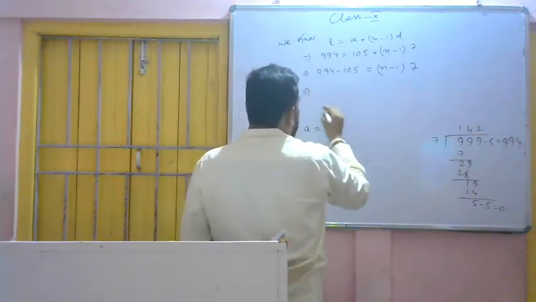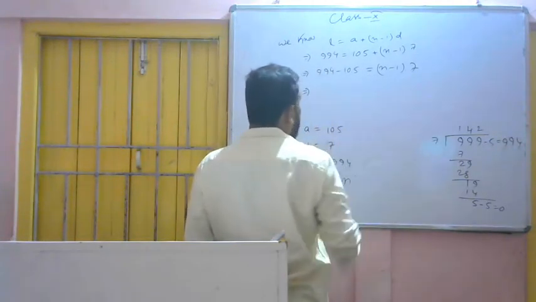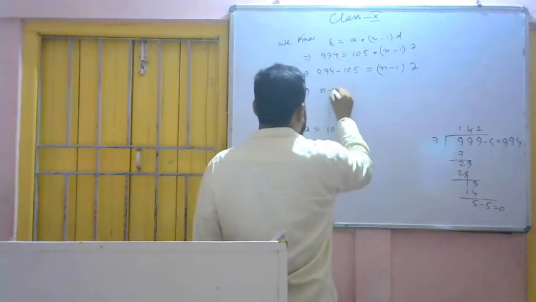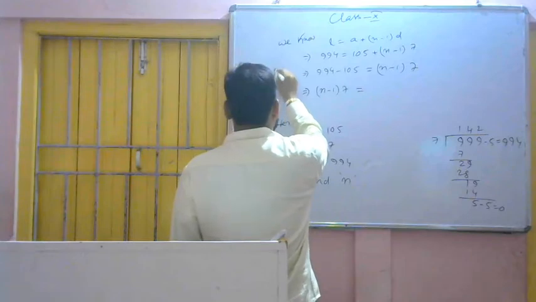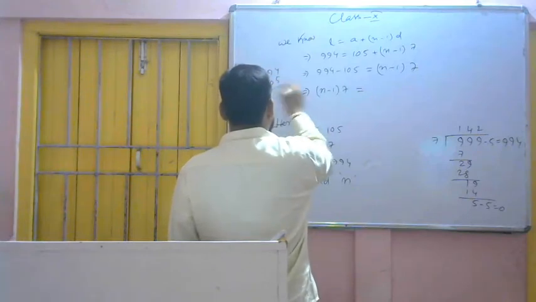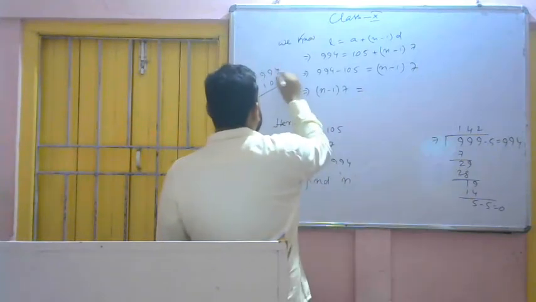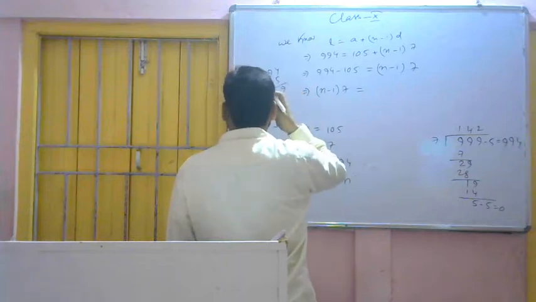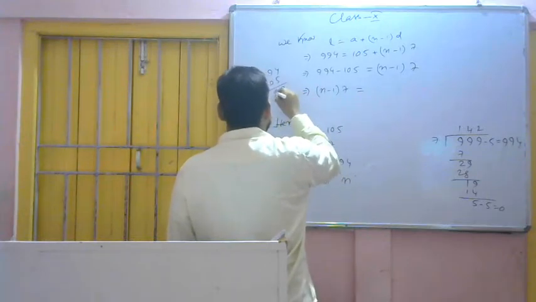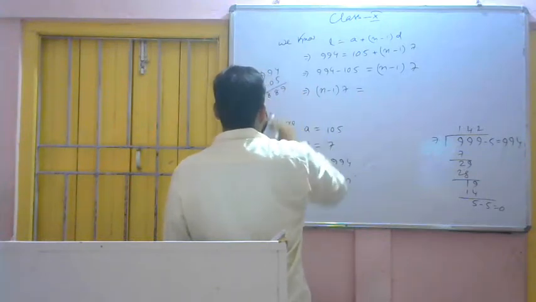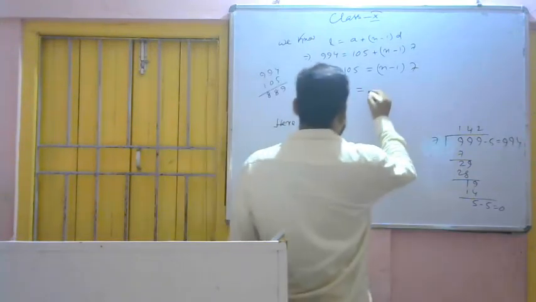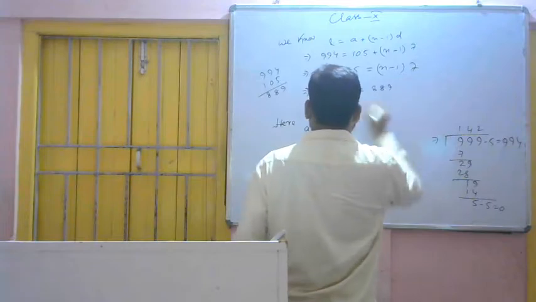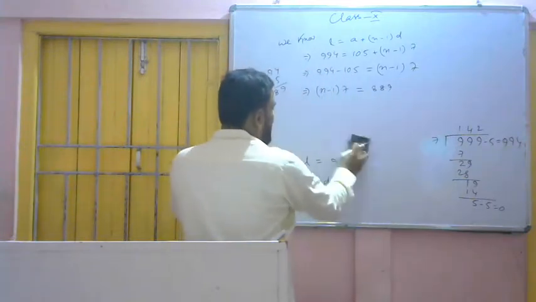If we subtract, then (n minus 1) into 7 is equal to, better to subtract here, 889.